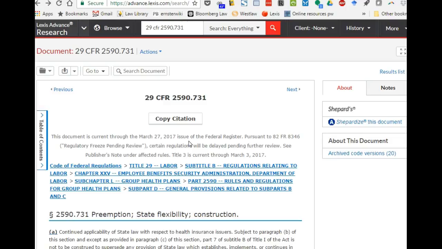So we would want to look at that Federal Register, and what we would discover is that that is referring to a presidential document. So this is how I am transitioning from federal regulatory materials to presidential materials.